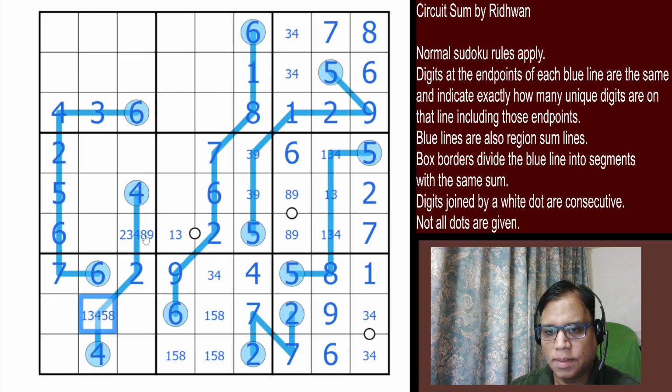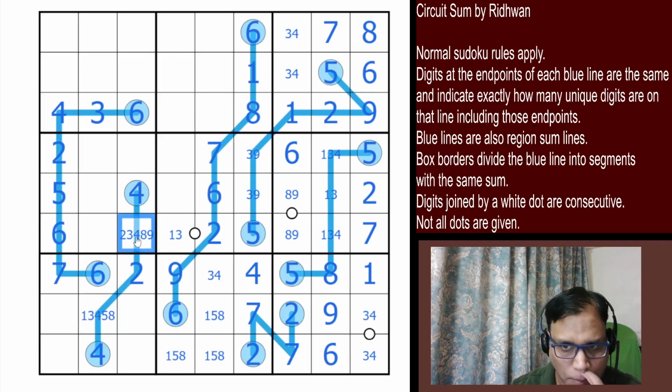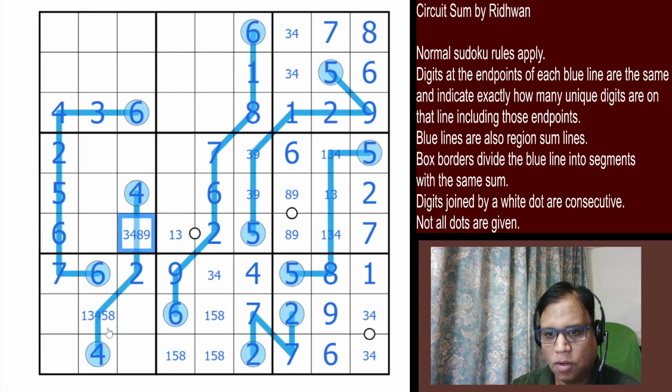But now look, this number must be 2 plus this number, right? So 2 is definitely not possible, minimum this must be 3, and also 8 is not possible because 8 plus 2 will be 10, which is not available here. 4 is not possible, right? Because then again this will be 2 plus 2, so 4 is not here, and now I can't see any 6 here, that means 4 is also not possible here.